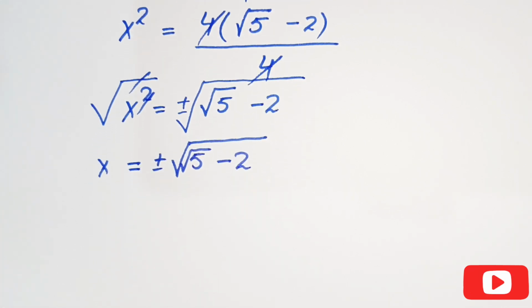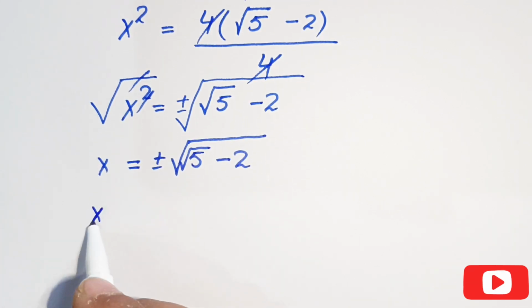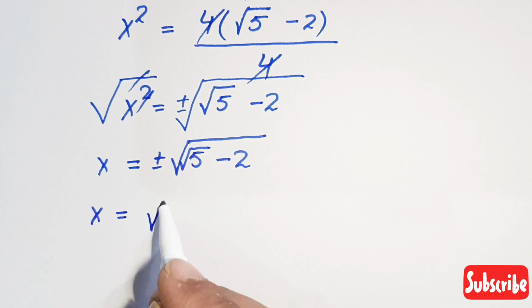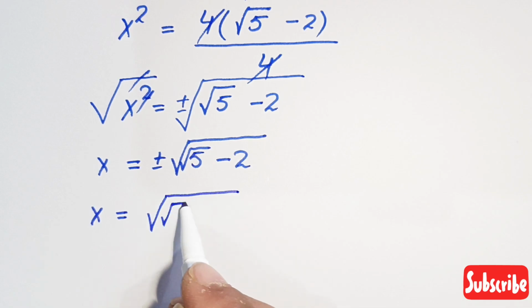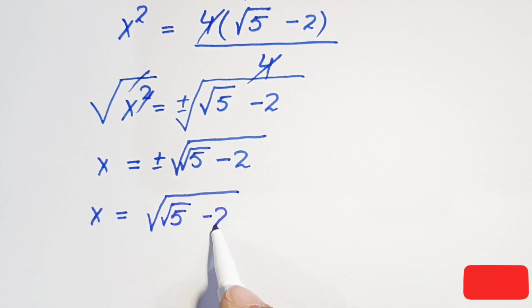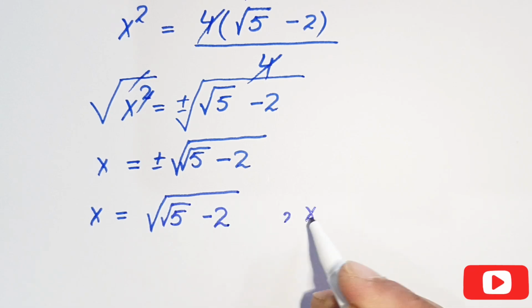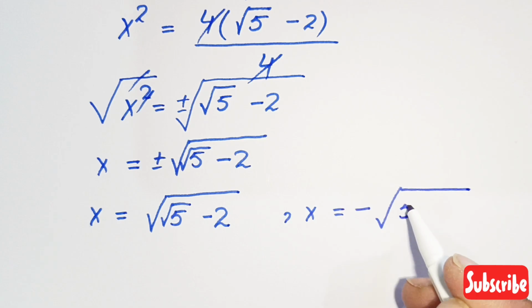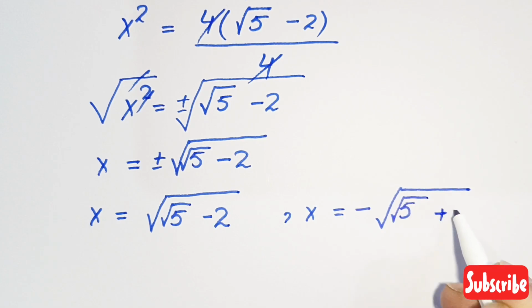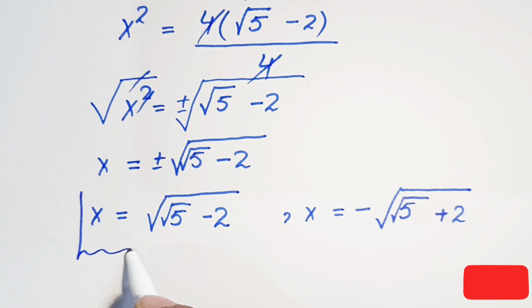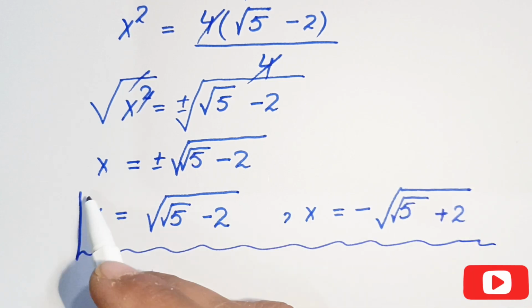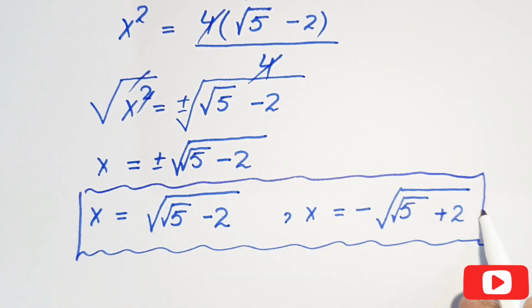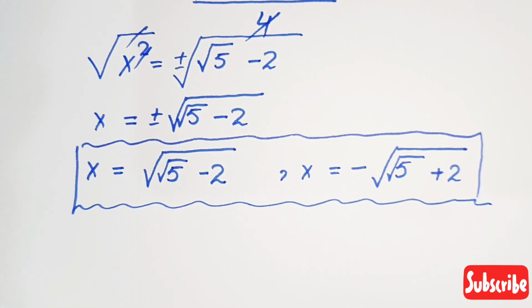So now we have the final values of x, which is x is equal to plus square root of square root of 5 minus 2, and similarly x is equal to minus square root of square root of 5 minus 2. So these are the other values of x that we have just found by using these different steps.